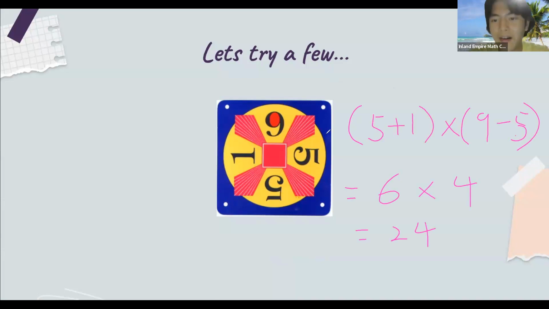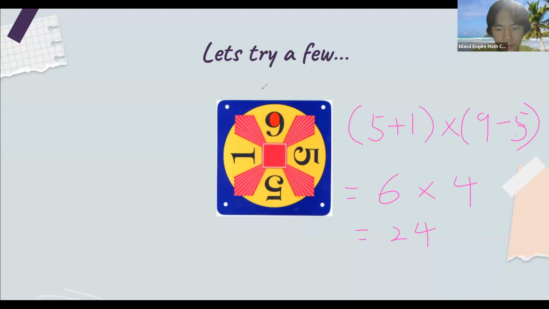Yes, okay. Right, so basically in this puzzle, you had to use parentheses because if you don't first add 5 and 1 together and then multiply by 9 minus 5, there's no other way you can get 24. So yes, good job, Loy. You found the right answer. The answer is indeed just this.